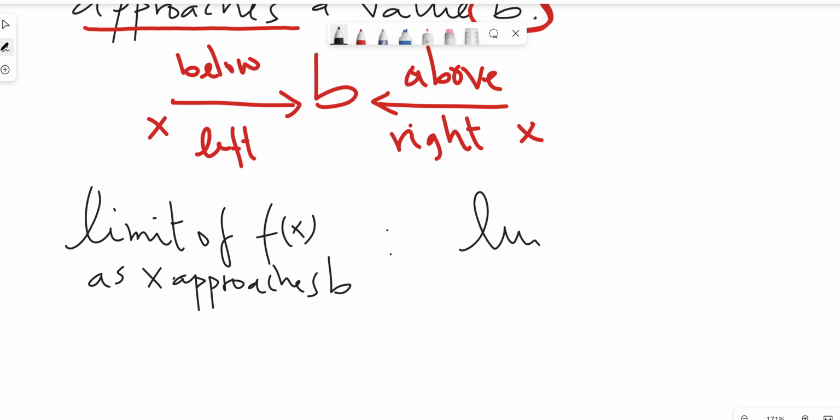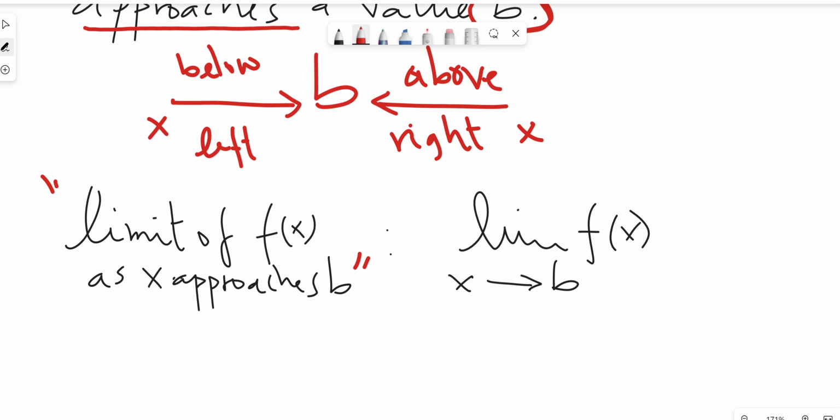So we use lim, limit sign, x arrow b, f of x. So this is how we represent this limit. So the limit of the function f of x as x approaches the value b.